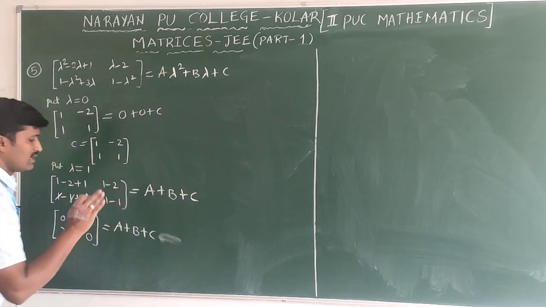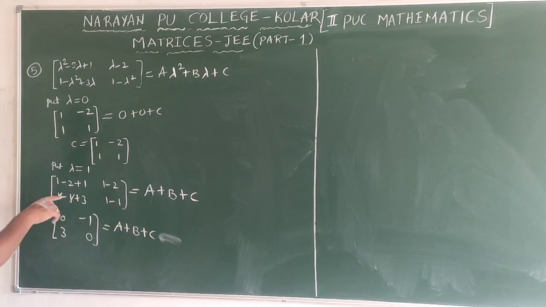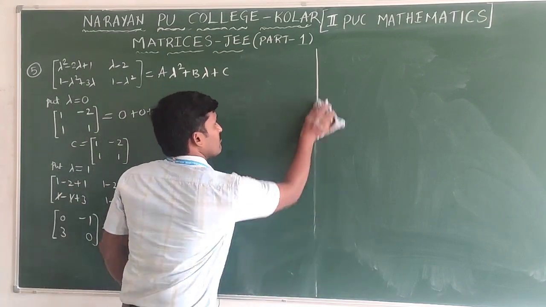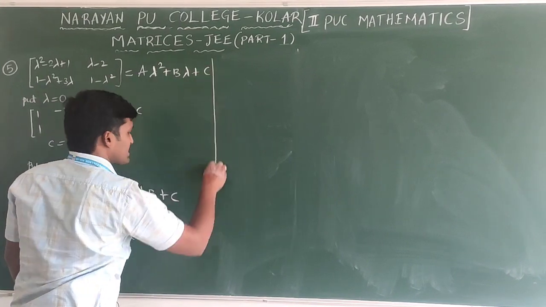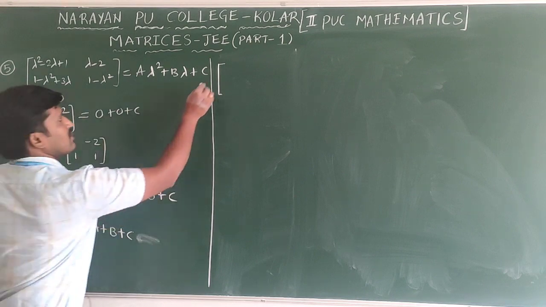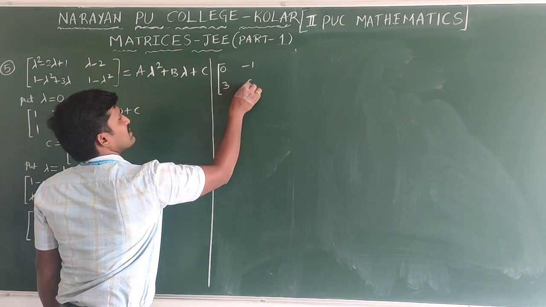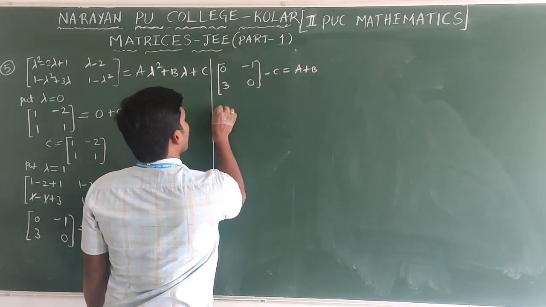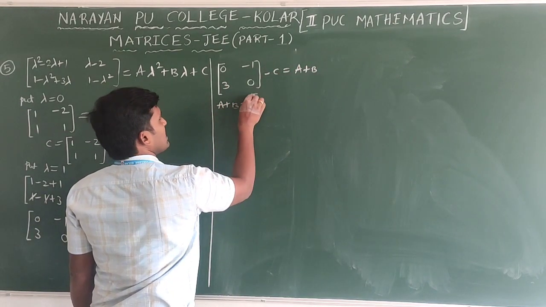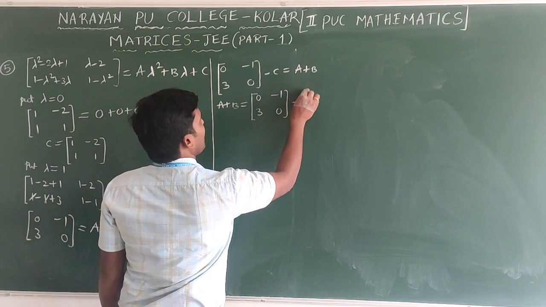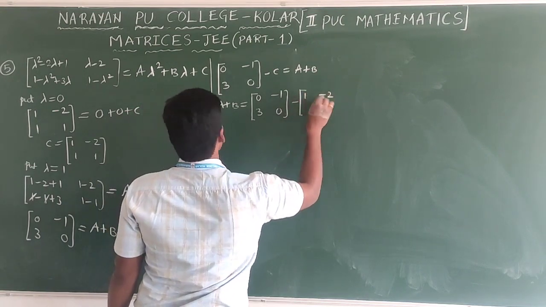Now the C matrix we already know. What is the C matrix? [1, minus 2; 1, 1]. Taking the C matrix to the left side, what remains? Matrix [0, minus 1; 3, 0] minus C equal to A plus B. From this, A plus B equal to [0, minus 1; 3, 0] minus [1, minus 2; 1, 1].